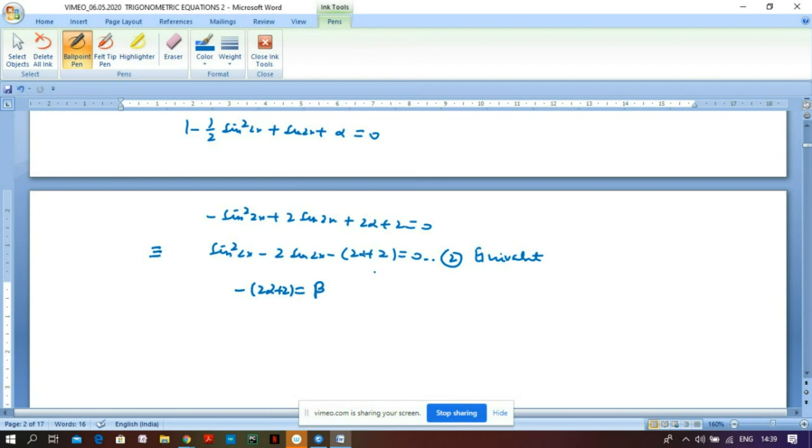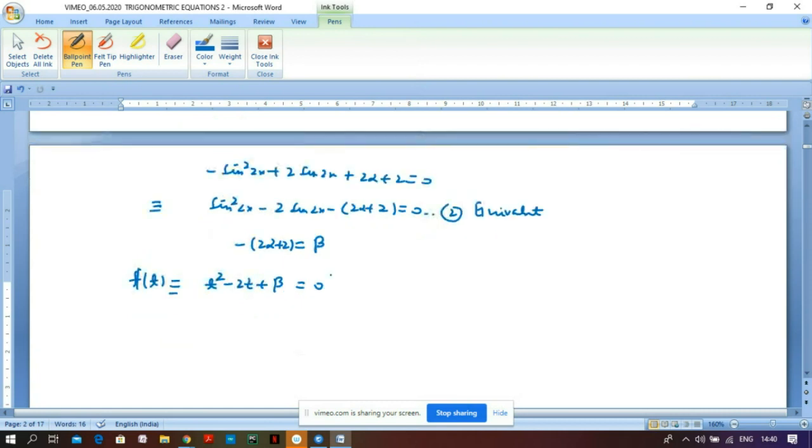Now I look at it as some kind of quadratic. So I can say that this is the same thing as some function, say f of t. F of t is t square minus 2t plus beta. So this is the function f of t, and this equal to 0, you are saying, is a quadratic. Now you are saying that find all betas, meaning find all alphas by extension.